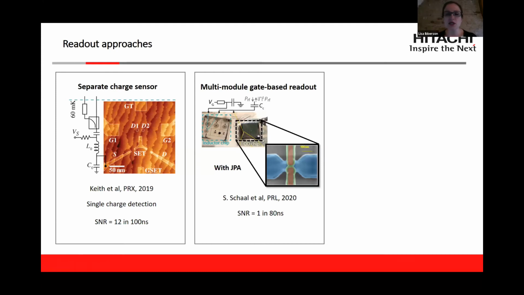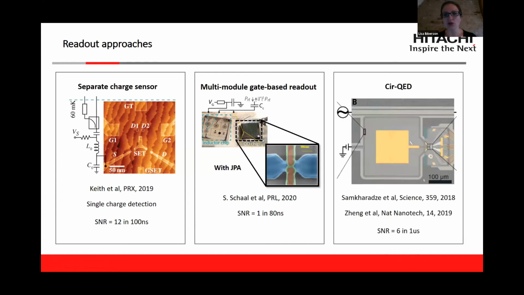There exists a third technique, which is appropriate for my presentation this afternoon, which is circuit QED. In this case, the electrons in the double quantum dot are coupled to photons in a microwave frequency resonator. In the image shown on the right-hand side here, the square is a microwave frequency resonator, and it's coupled to a double quantum dot.